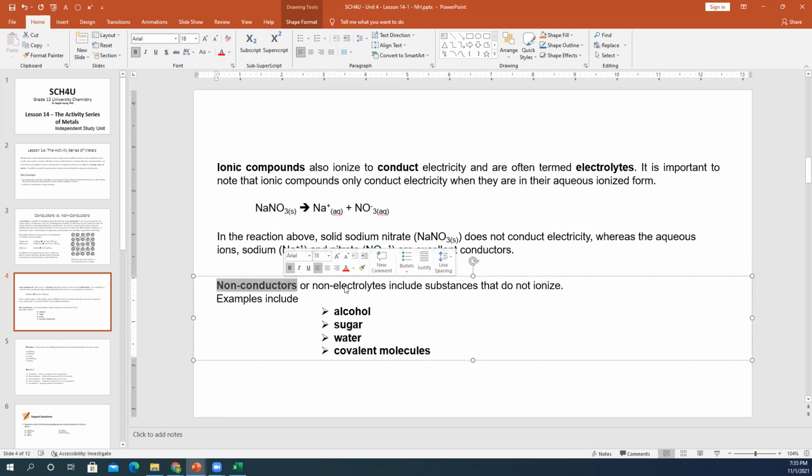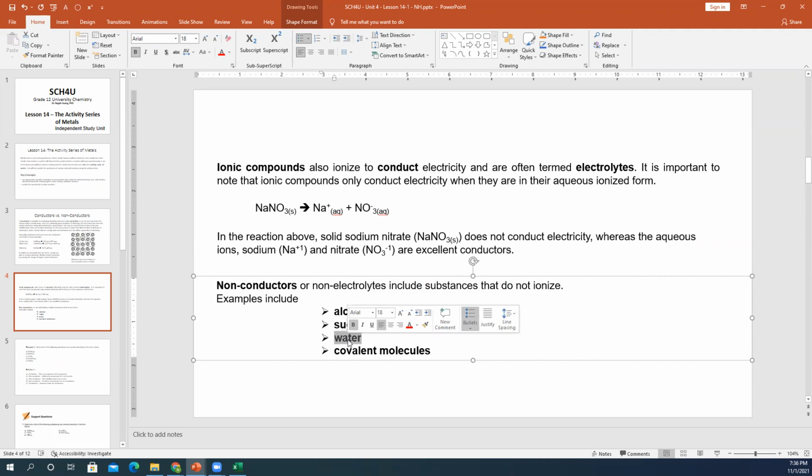Non-conductors, or non-electrolytes, are the substances that don't ionize. Examples: alcohol does not ionize. Sugar does not ionize. It doesn't become any kind of an ion with any kind of charge once it's in water.